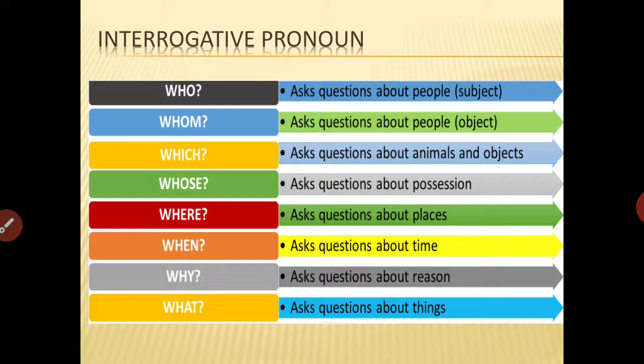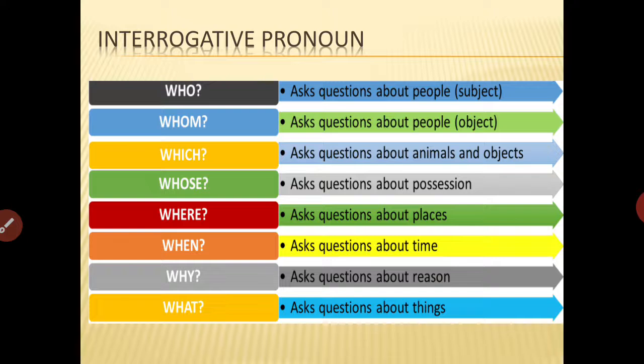How? Let's see. The word who asks the question about people. Subject pronoun means the doer of the action. Now the word whom asks the question about people. Object means the receiver of that action. Which is used to ask questions about animals and objects. Whose is used to ask questions about possession, meaning ownership.